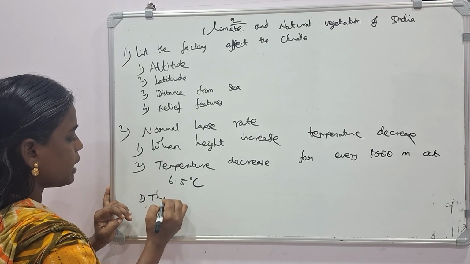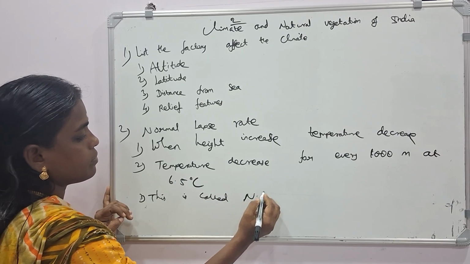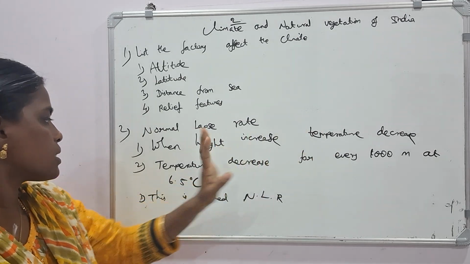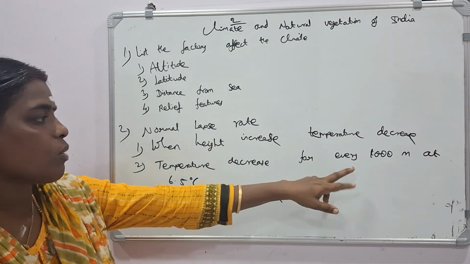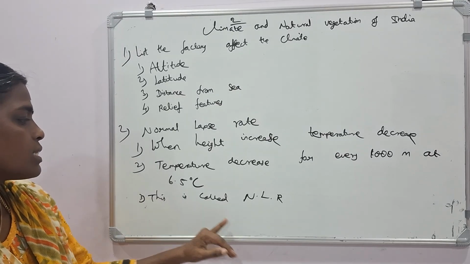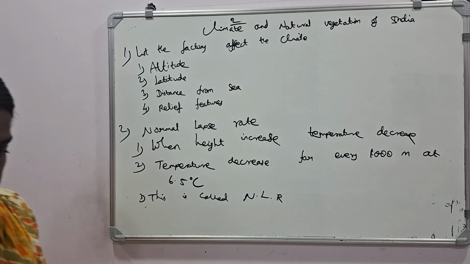This is called the normal lapse rate. So when height increases, temperature decreases. Temperature decreases for every 1000 meter at 6.5 degrees Celsius. This is called the normal lapse rate. Then next question.